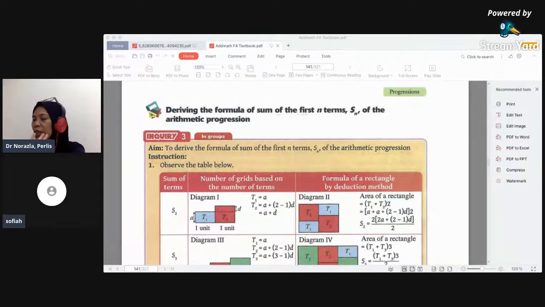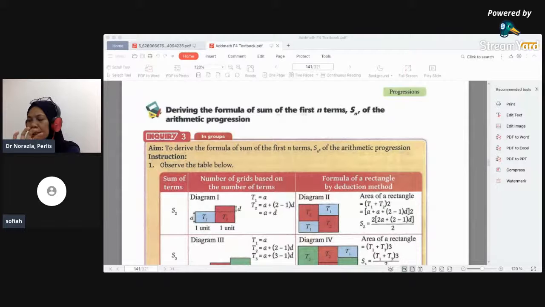Just go straight. Okay, so please look at the screen. We will observe the table below. For the sum of two terms, represented by S2, look at the number of grids based on the number of terms, because they must understand that S2 has two grids.